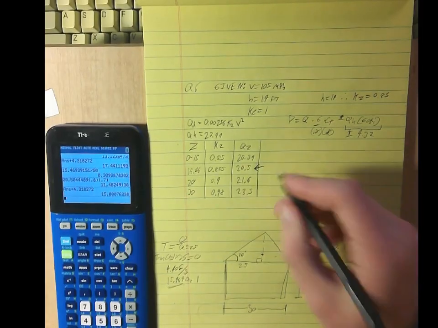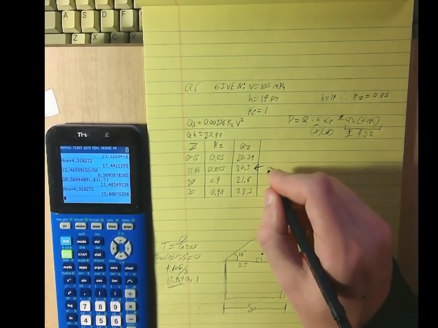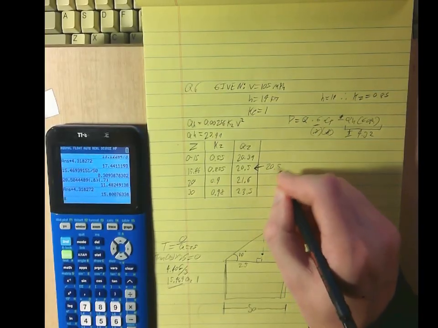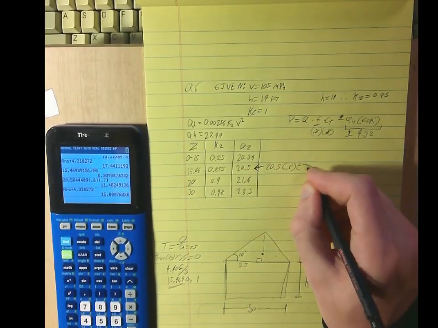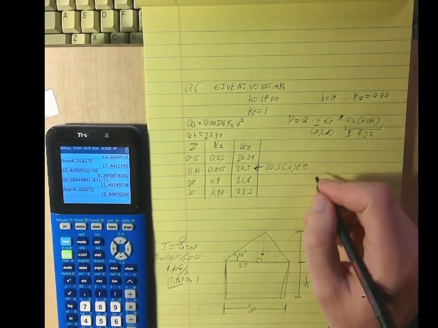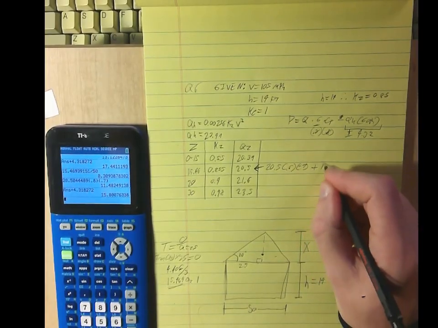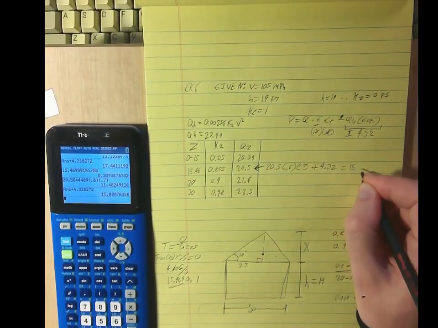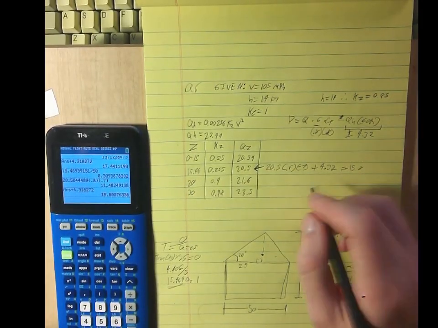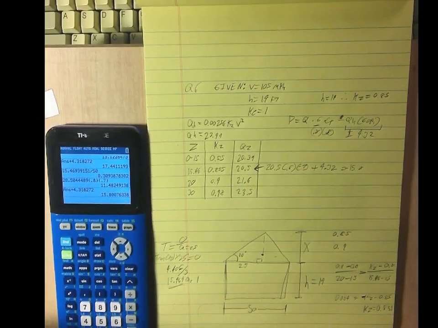I got 15.8. So for this, I did 20.5 times 0.8 times negative 0.7, and then did plus 4.32, 15.8 negative, and now it's asking for the same thing for the leeward side of the roof.